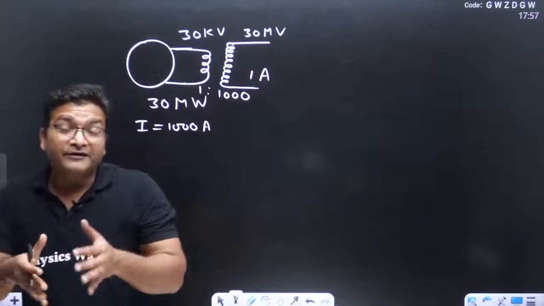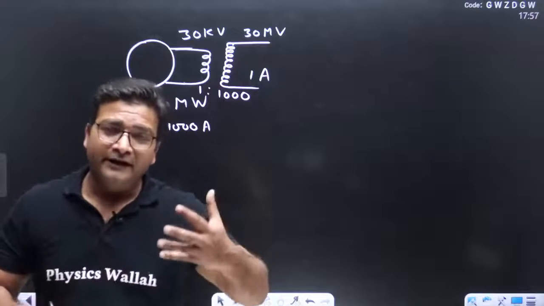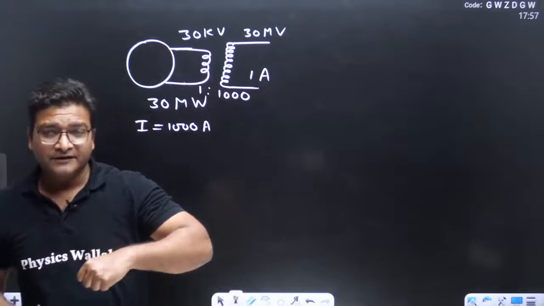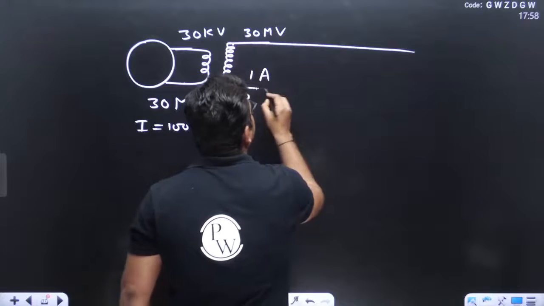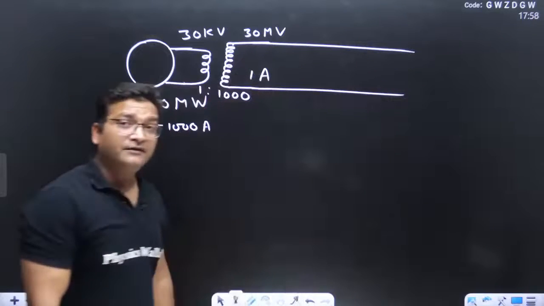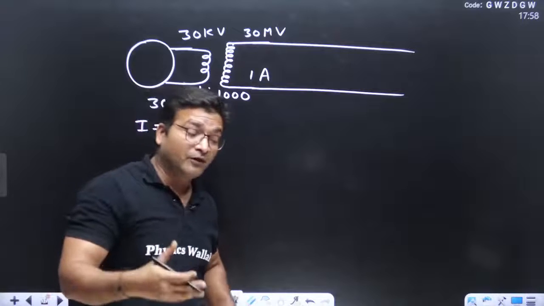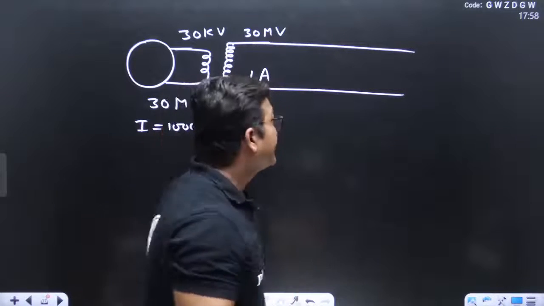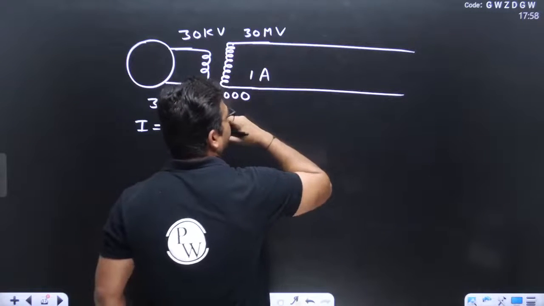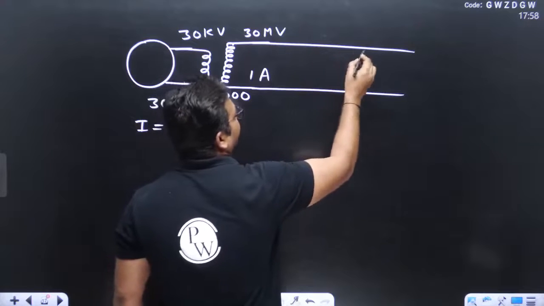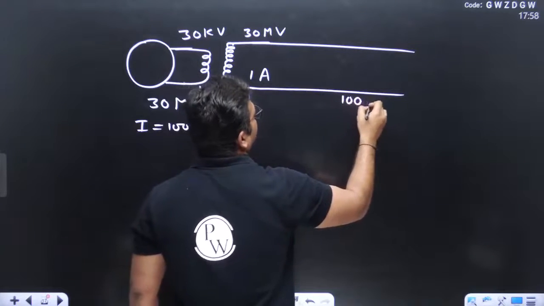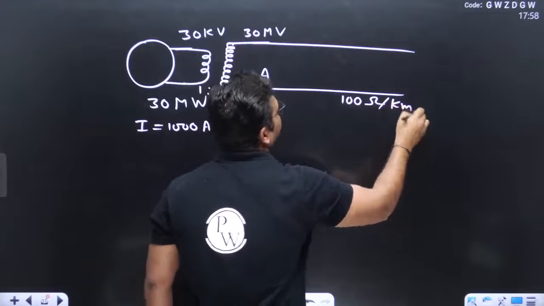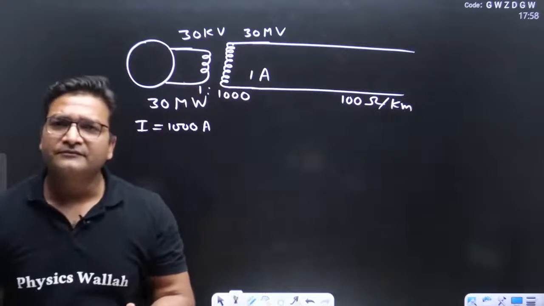Now we have applied a transformer, the cost increases. Let us decrease this cost by using very thin wires here. And if wires are thin, the area of cross section will be small and the resistance will be more. So let us take the resistance of line as 100 ohm per kilometer. We are taking very thin wires.